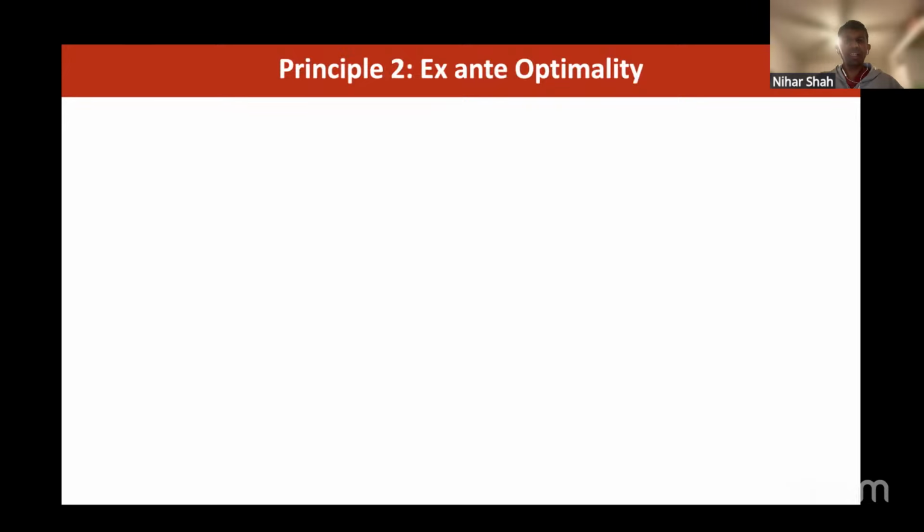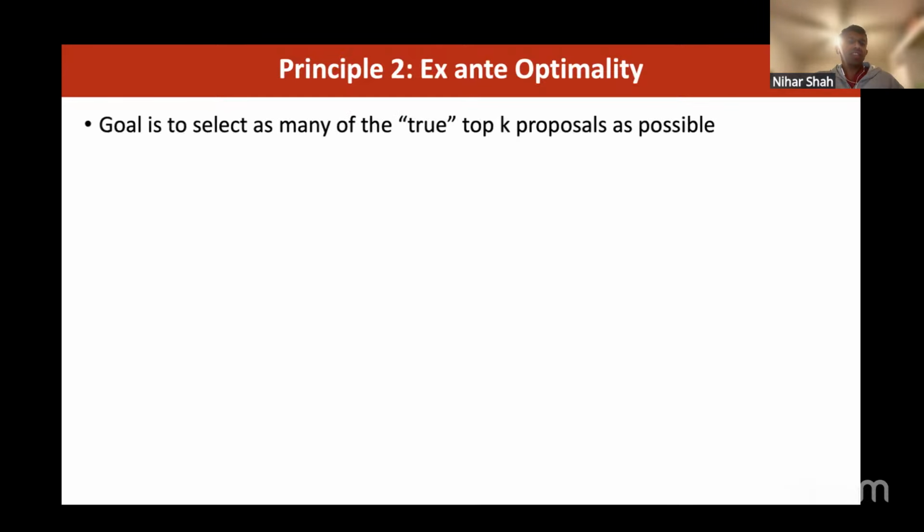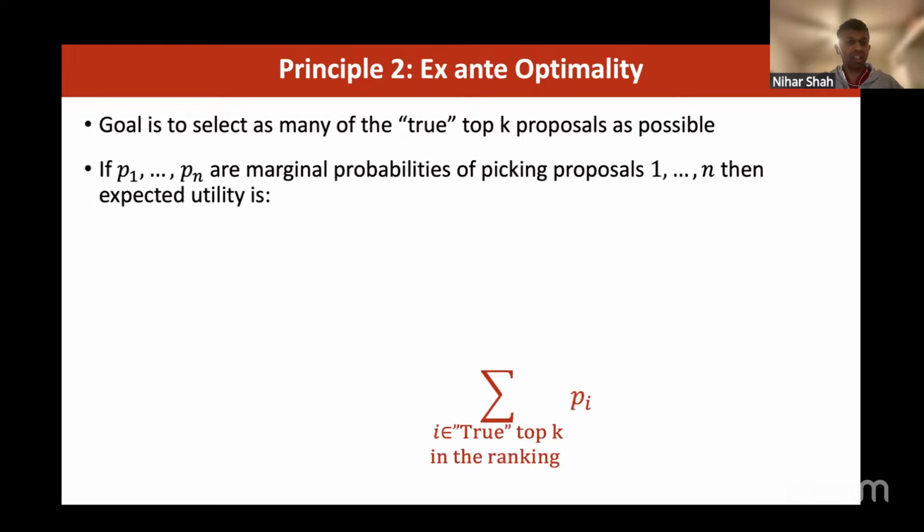The second principle is ex ante optimality, and this requires a little more introduction, so I'll go deeper here. As I said, the goal is to select as many of the true top K proposals as possible. Let's consider some scheme where the marginal probability of picking proposal 1 is P1, the marginal probability of picking proposal 2 is P2, and so on.